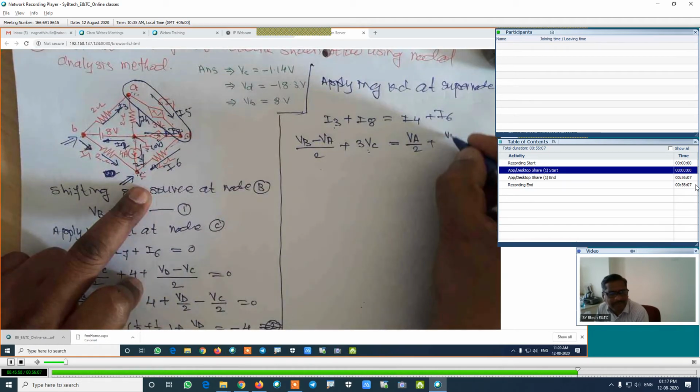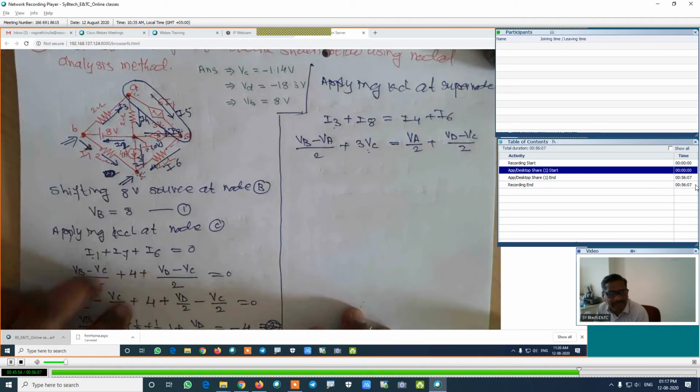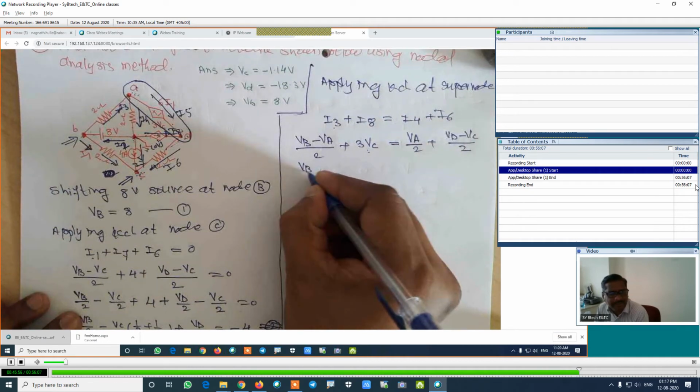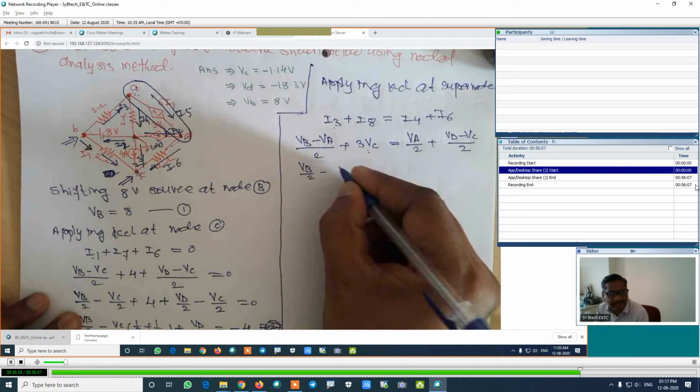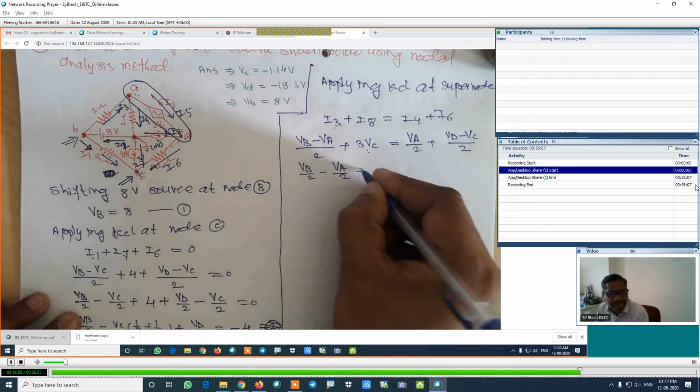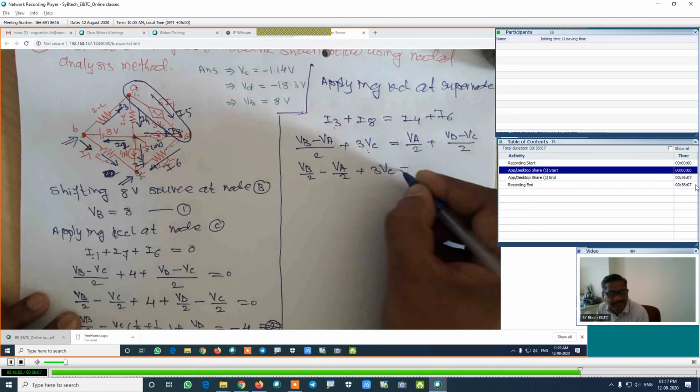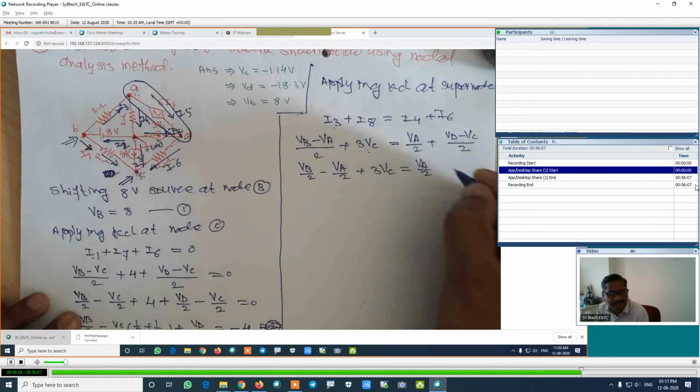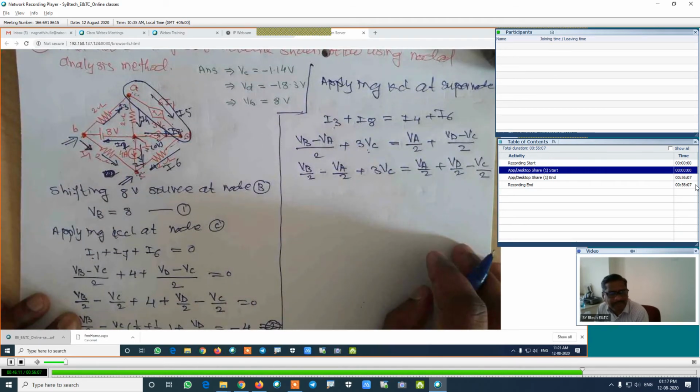Simplify this equation. This will be VB divided by 2 minus VA divided by 2 plus 3 VC, which is equal to VA divided by 2 plus VD divided by 2 minus VC divided by 2.